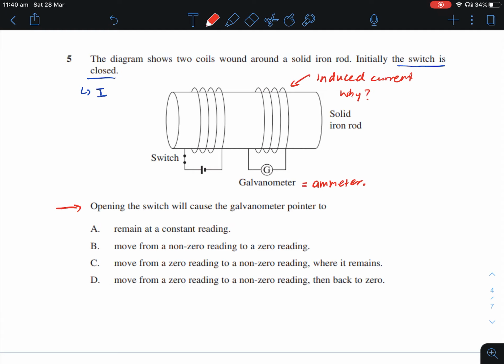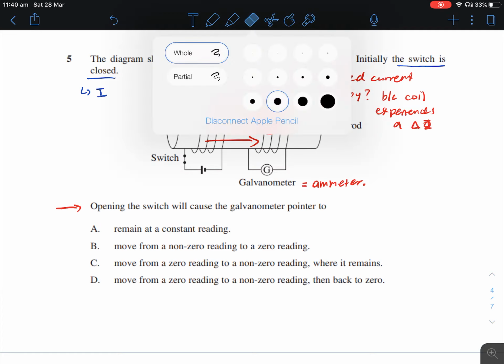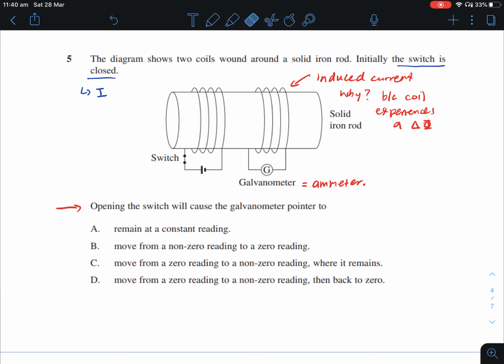Well, it's because this coil experiences a change in flux. Isn't that correct? Initially the switch was closed, so the magnetic field looked like this, but then suddenly it all disappeared. And that's a change in flux.